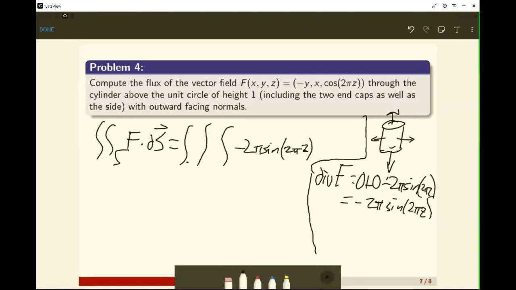And then here in cylindrical coordinates, we're going to need a factor of r, and let's do the theta integral, the r integral, and the z integral. So it was over the unit circle, cylinder height 1.